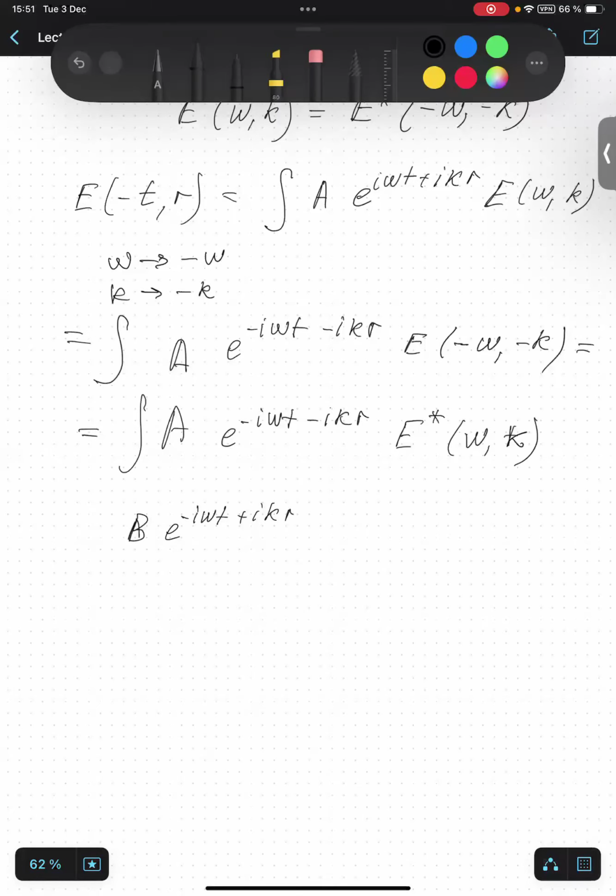traveling in our system. When we perform the time reverse to minus t, we will just obtain the conjugated part of the amplitude, and we have to change the sign of the k, ikr.